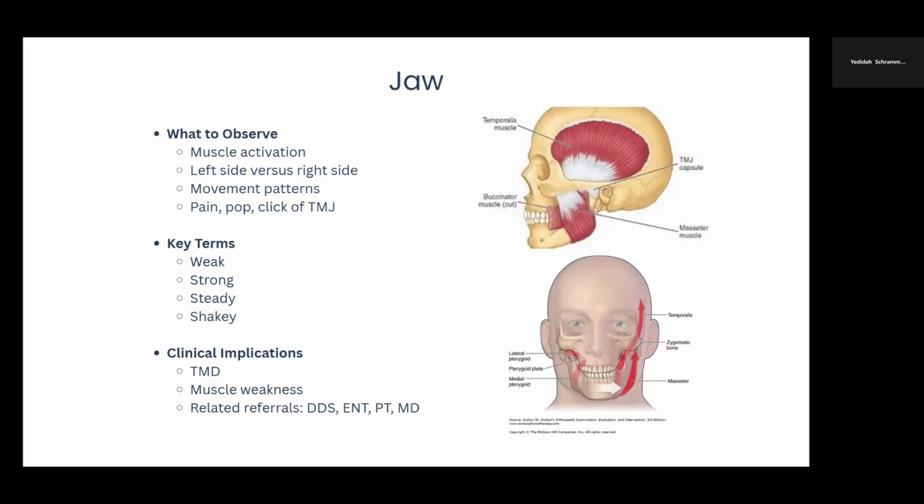Yep, absolutely, for the TMJ, ortho for TMJ, maybe a PT for jaw and postural support, because it could be something about their posture, their neck, all of that could be affecting jaw. And then maybe a medical professional for pain or neurological concerns.